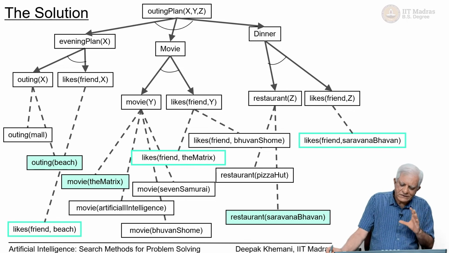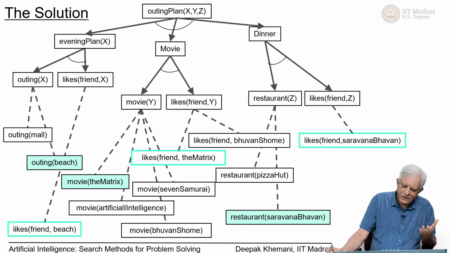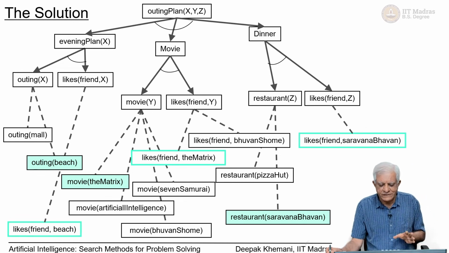So, there is a close link between goal trees, AND-OR trees, planning and logical reasoning, and in particular if you are talking about backward chaining as done in the language Prolog and as we have studied earlier. All of them work in AND-OR trees. It is just that a language like Prolog does depth first search on the AND-OR trees, always going down the left branch first and then trying out other options.